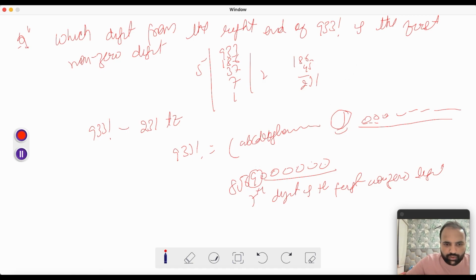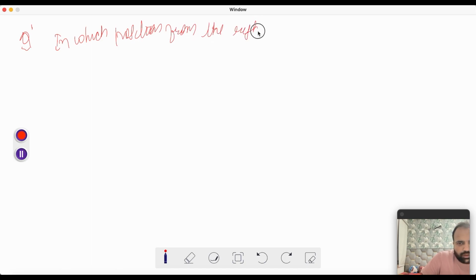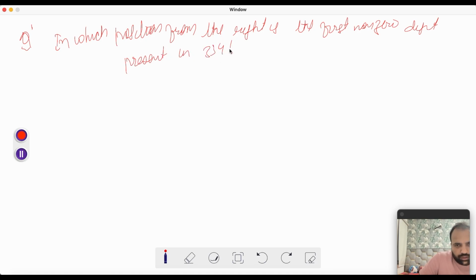Okay, we'll do another question. Again, in which position from the right is the first non-zero digit present in 334 factorial?